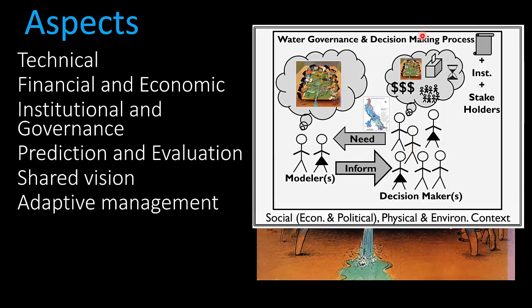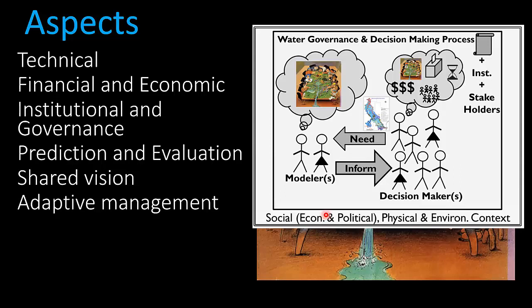So that decision-making process and that set of institutions, laws, stakeholders, and processes, that is water governance. And associated with that specific water governance is the social, economic, political, physical, and environmental context. So you can see water resources management is not only about water supply and water demand. It comes in a bigger perspective.